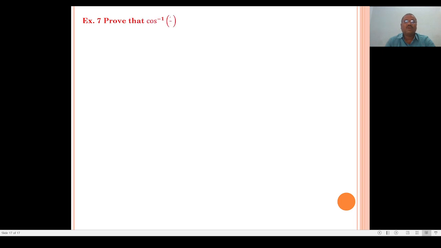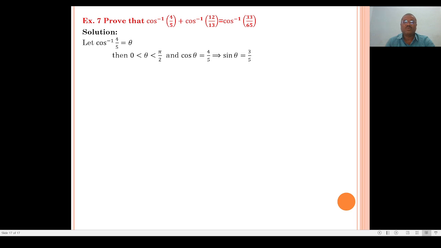Now next, prove that cos inverse 4 by 5 plus cos inverse 12 by 13 equals cos inverse 33 upon 65. So solution, let cos inverse 4 by 5 equal theta, then 0 less than theta less than pi by 2, and cos theta equals 4 by 5 implies sin theta equals 3 by 5.